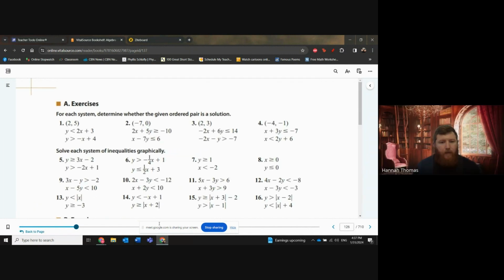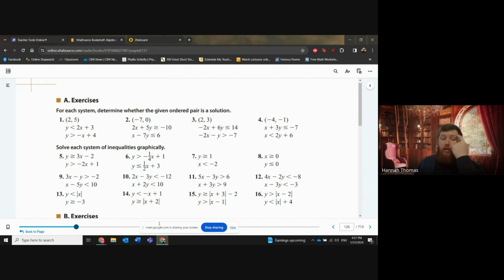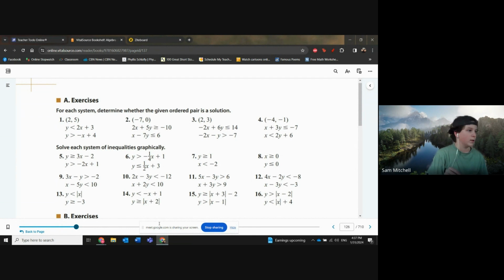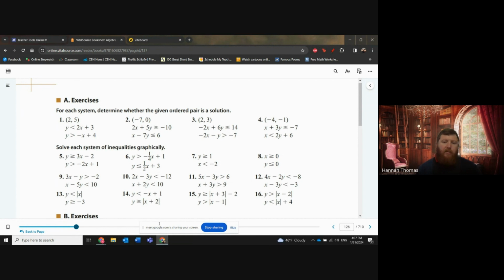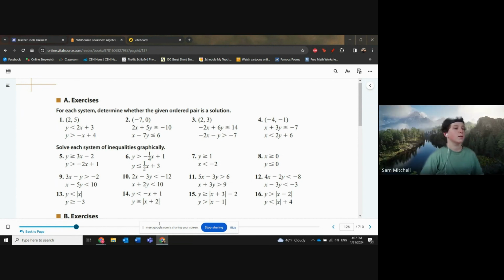Number 2 says for each system, determine whether the given ordered pair is a solution. Remember, when it comes to solving inequalities versus solving equations, what's the only thing that's different? The inequality signs.